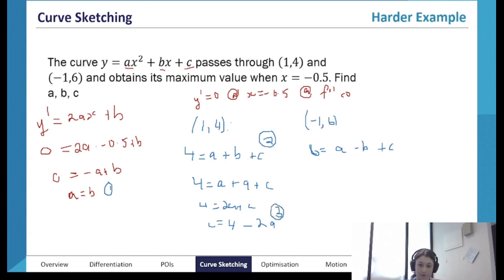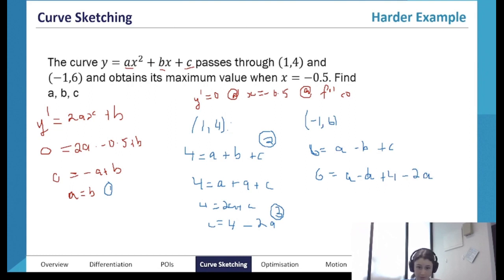We can sub equations 1 and 3 into this one over here. So we're going to get 6 equals a, take a, plus 4, take 2a.